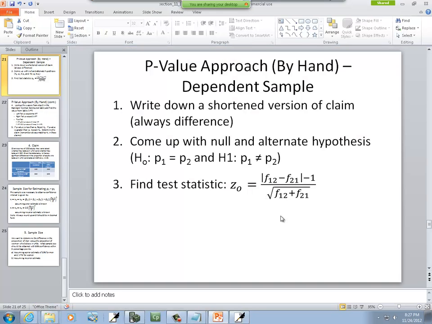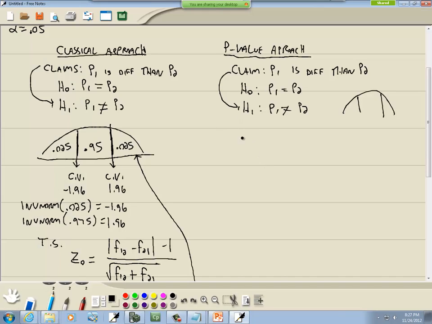Well, then it says find your test statistic. So our test statistic will be the same as the one we just found. It's the absolute value of F12 minus F21 minus 1 over the square root of F12 plus F21.